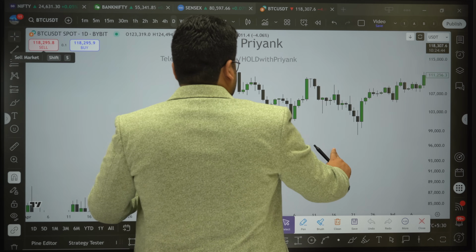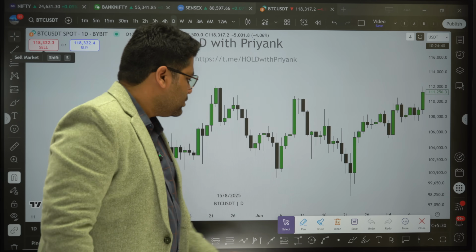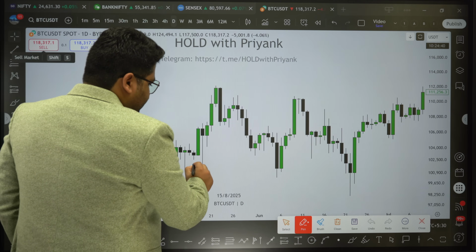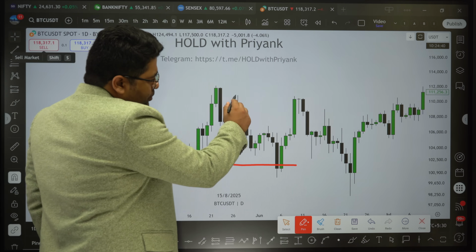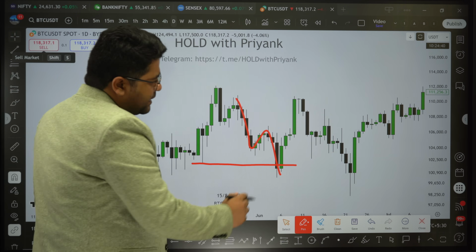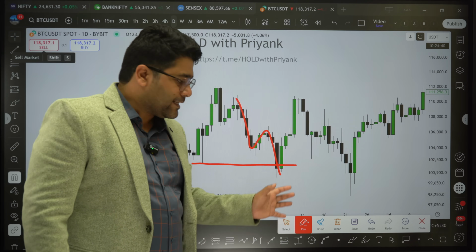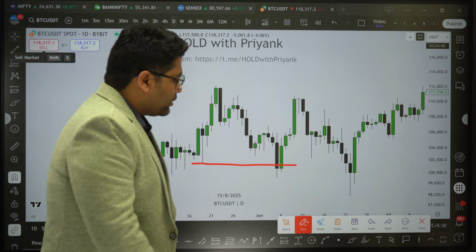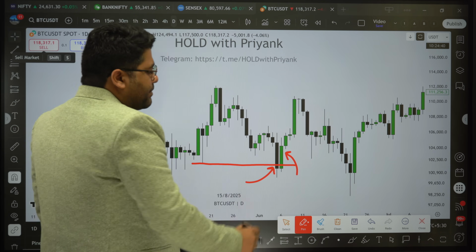Look at this. I'm zooming it out. There we go. Now you can see if this is a support, you would notice that price drops like this, makes a downtrend setup, right? It was a downtrend. We might feel that price is going down, correct? But what you would have noticed, as the candle closed below, immediately the next candlestick came back.